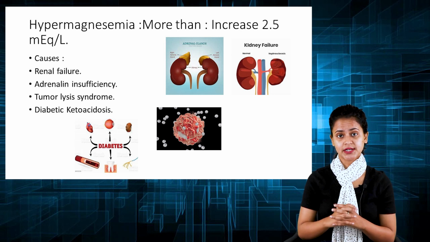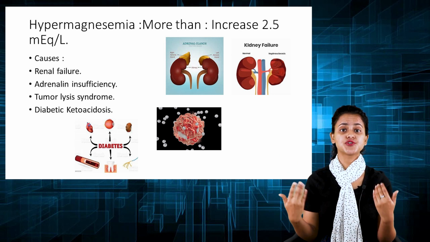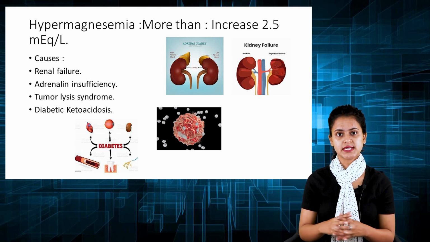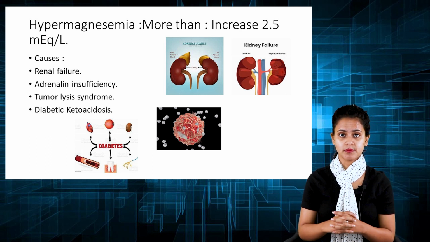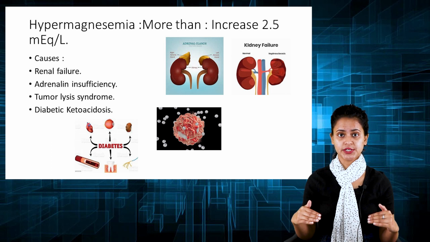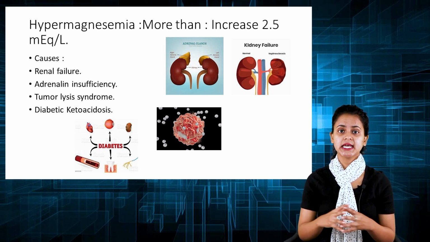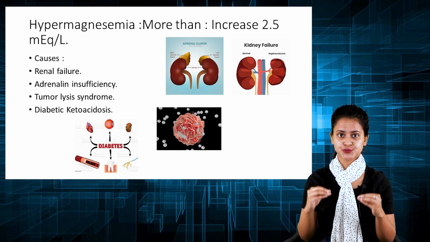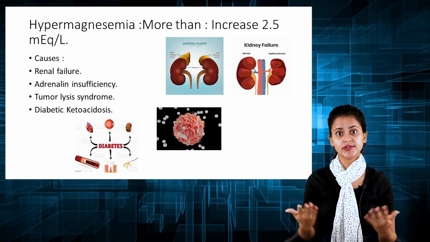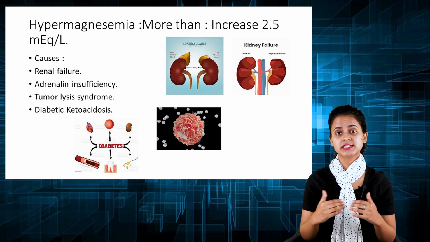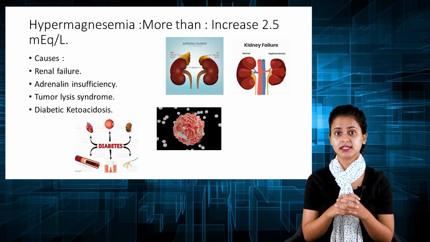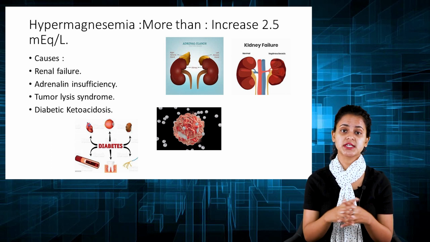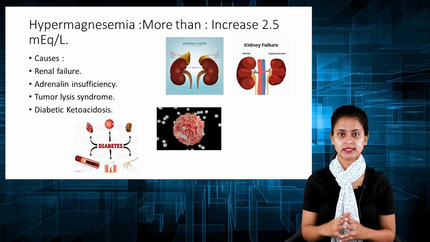The next condition is diabetic ketoacidosis. Often diabetic ketoacidosis increases the magnesium amount in the blood circulation, exceeding the normal level. That is the reason the client with diabetic ketoacidosis often presents with the clinical manifestations associated with hypermagnesemia.